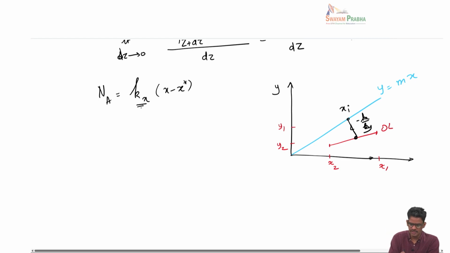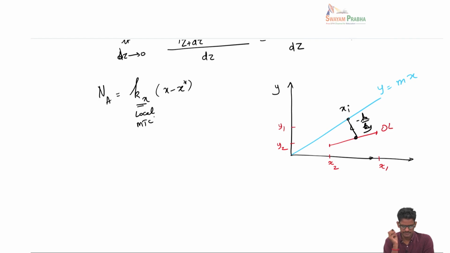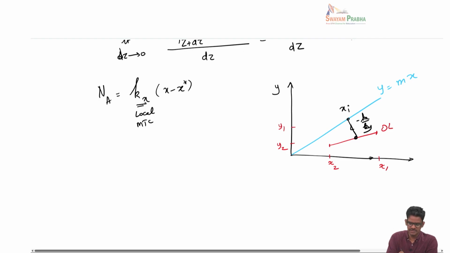And this is the local mass transfer coefficient based on the liquid phase. That is why this x means liquid phase. Or equivalently, we can use the overall mass transfer coefficient. Sorry, actually this is not x star, this should be xi.